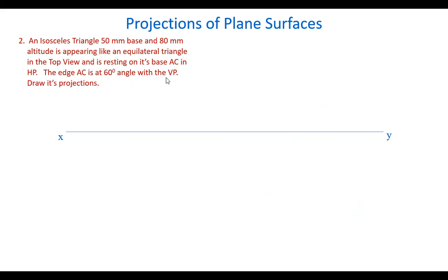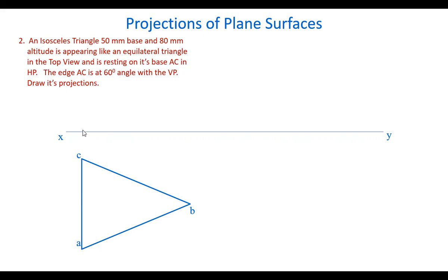That is one indication that we have to take AC, the base, perpendicular to the reference line. Second, its surface must be making an angle with the HP. Then only we will be able to see this isosceles triangle as an equilateral triangle. So we take the isosceles triangle like this.